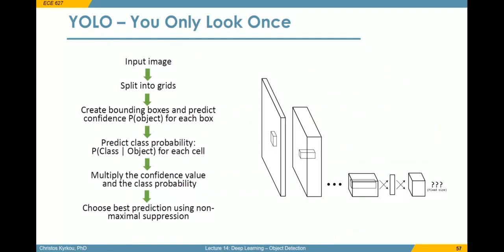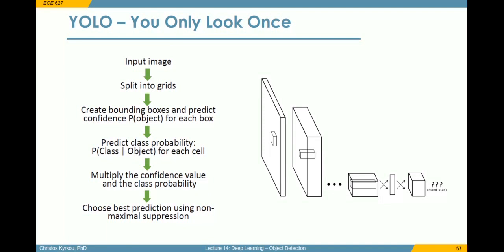One of the first algorithms for single shot detection was YOLO. It stands for You Only Look Once. And it's an algorithm for single shot detection that predicts bounding box along with the classes of each object with a single pass from a convolutional neural network. And the idea is to split the image into grids and predict bounding boxes in each grid.